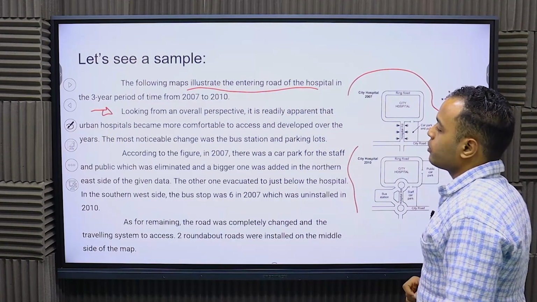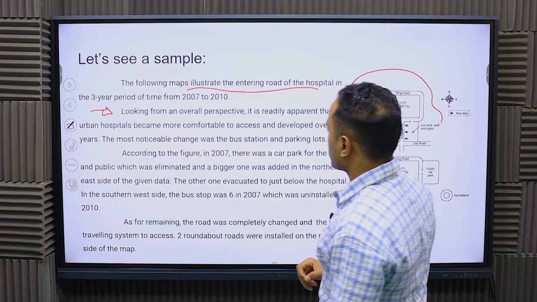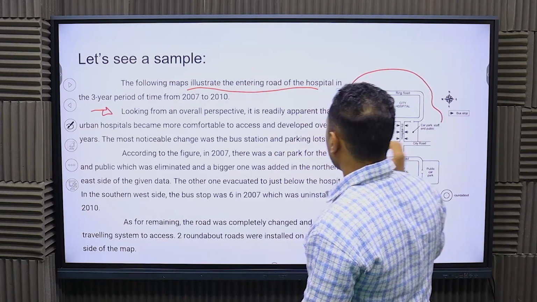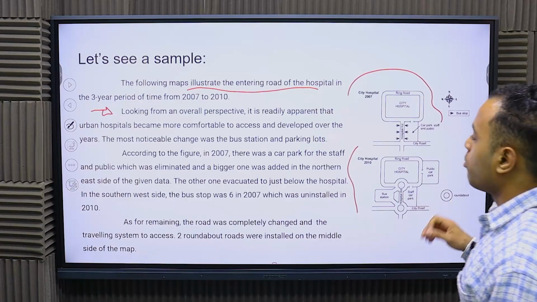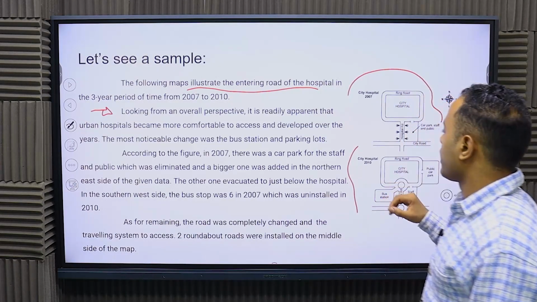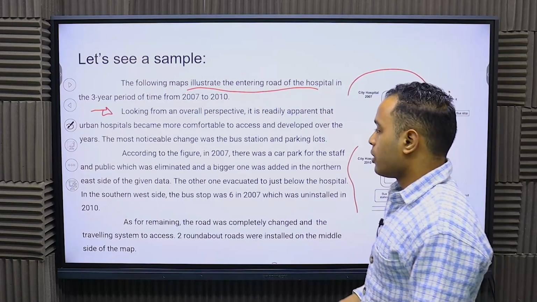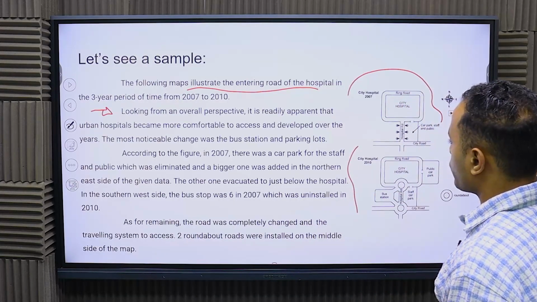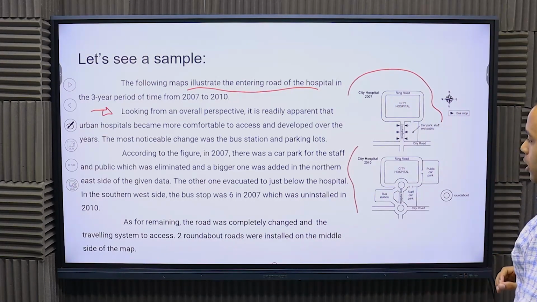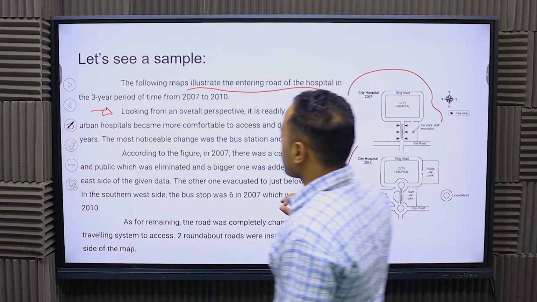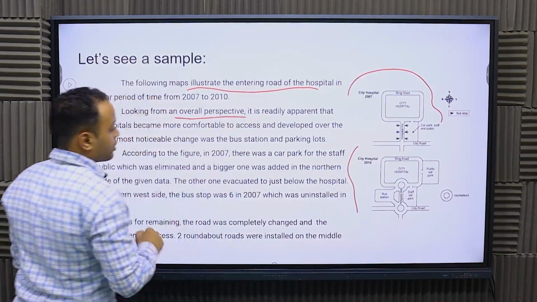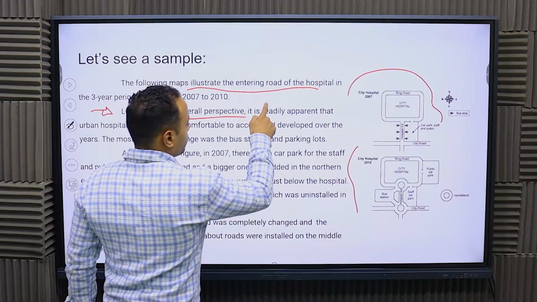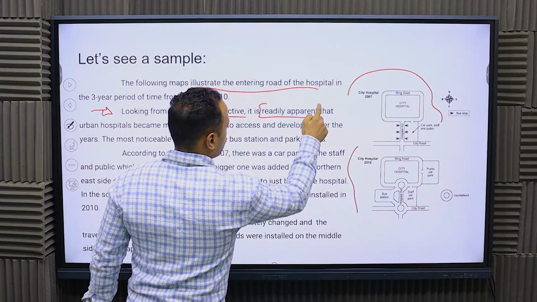Looking from an overall perspective, it is readily apparent that urban hospitals became more comfortable to access and developed over the years. The most noticeable change was the bus station and parking lots. As you can see in this part, we start having an overall perspective. Okay? Usually we use these sentences and they are so fine.